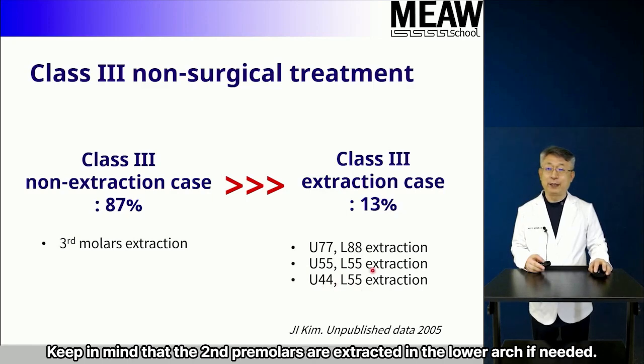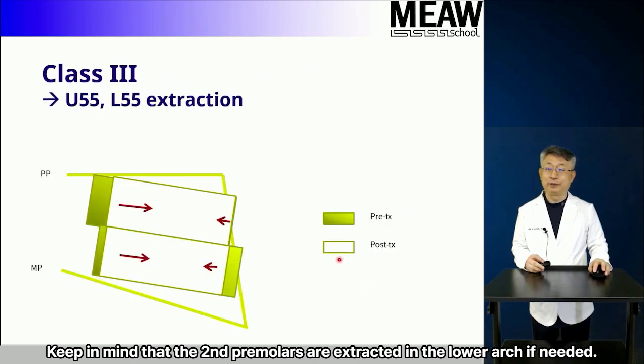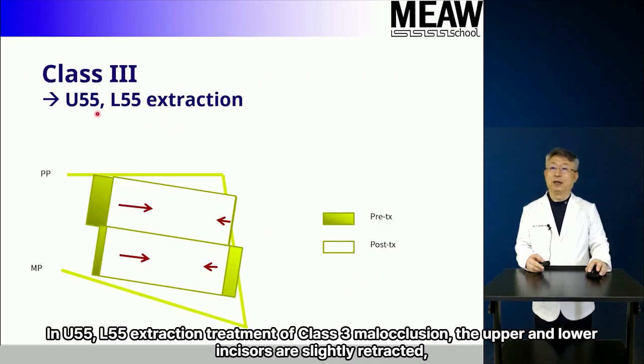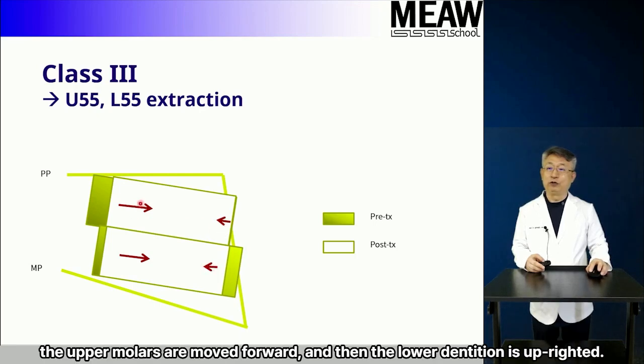Keep in mind that the second premolars are extracted in the lower arch if needed. In U5, L5 extraction treatment of class 3 malocclusion, the upper and lower incisors are slightly retracted. The upper molars are moved forward, and then the lower dentition is uprighted.